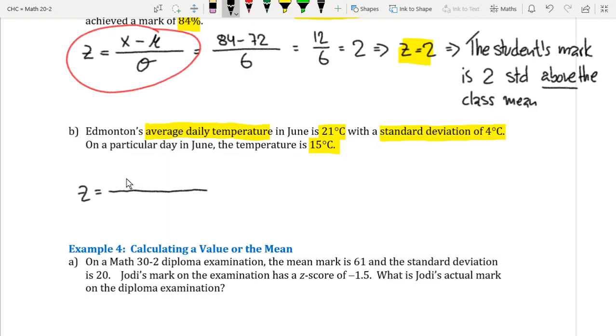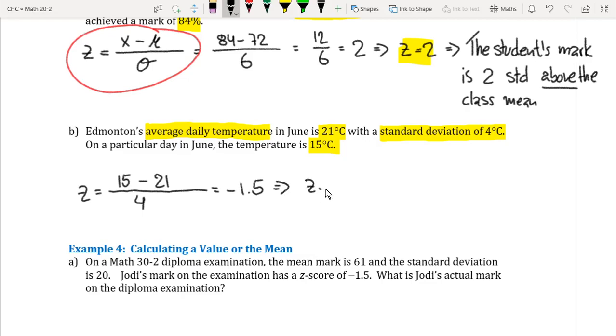The x here is going to be today's temperature, that particular day in June. So that's going to be 15 degrees on that day, minus the average temperature, which is 21, divided by the standard deviation of 4. And if we subtract 15 minus 21 divided by 4, we get negative 1.5.